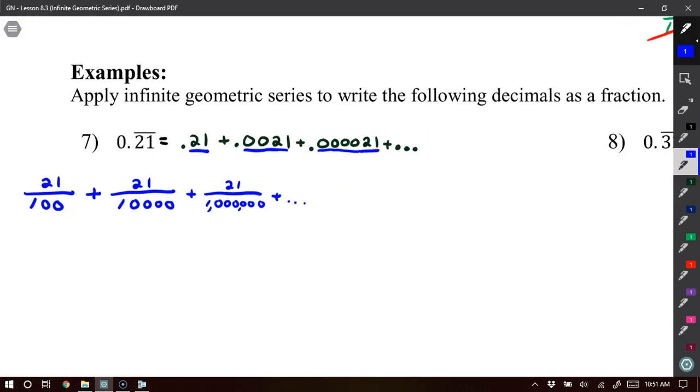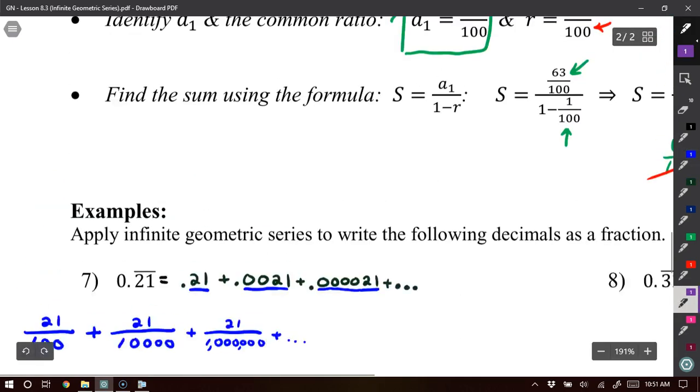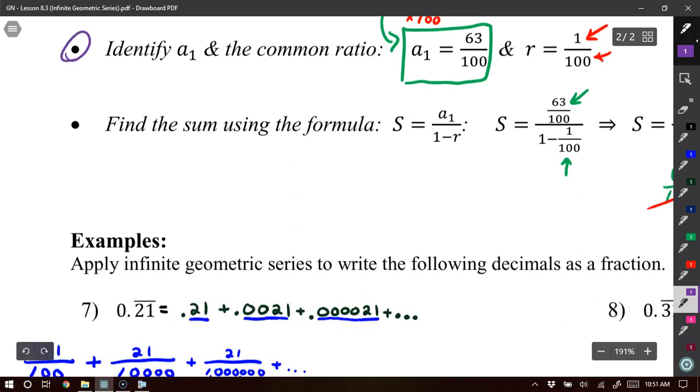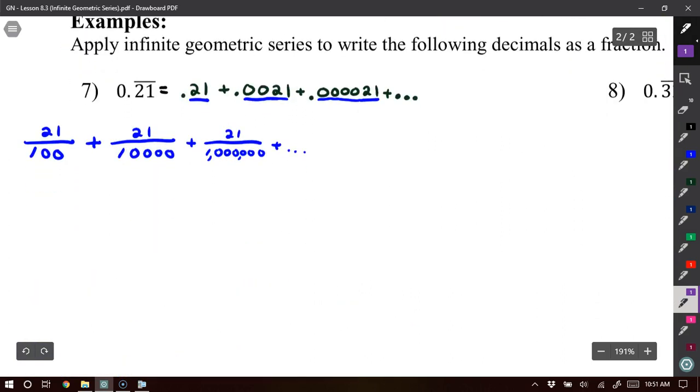Notice the top is always going to be the same number, because that's the one that's repeating. The next part, we are asked to find A1 and the common ratio. Let's do purple for that one. A1, well, that's simple for us right here. A1 is given to us as 21 over 100. We found that right away. And my common ratio, I'm going to use the trick.